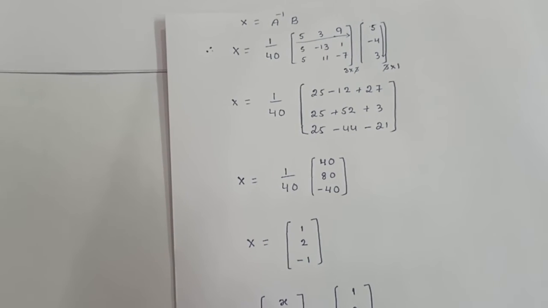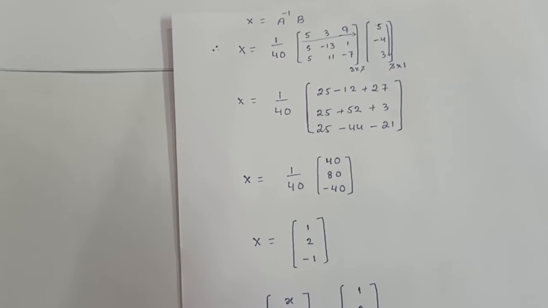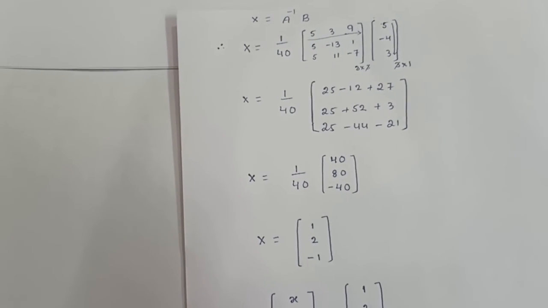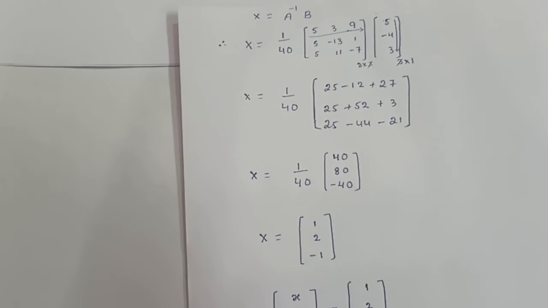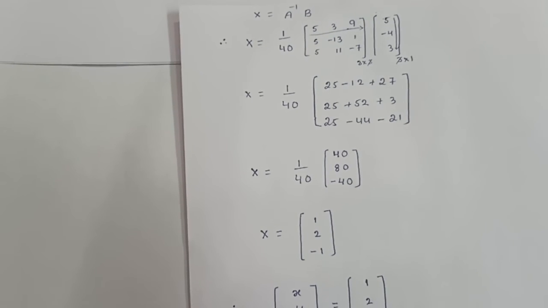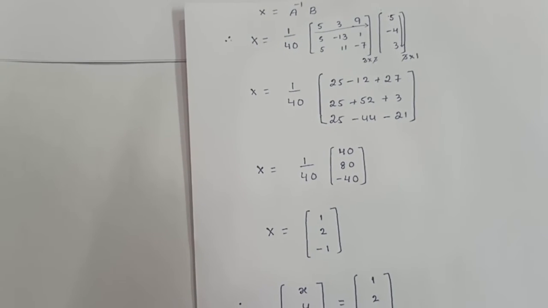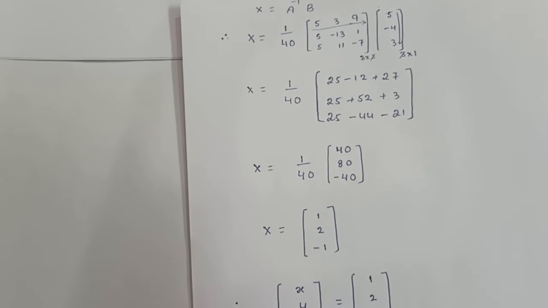Matrix multiplication: first row and first column, 5 into 5 is 25, plus 3 into minus 4 is minus 12, plus 9 into 3 is 27. Again second row, first column: 5 into 5 is 25, plus minus 13 into minus 4 is plus 52, plus 1 into 3 is 3.